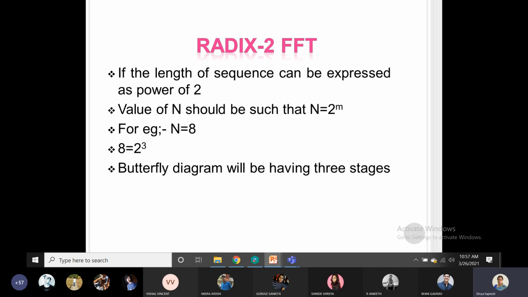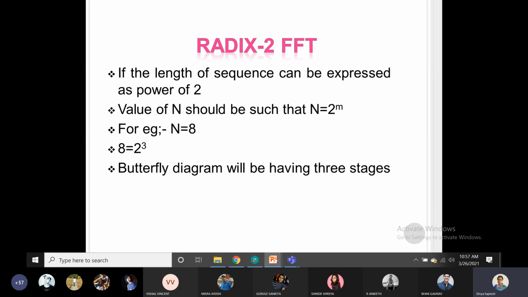Now let us see the radix 2 FFT. That means if the length of the sequence can be expressed as a power of 2, such kind of FFT is known as the radix 2 FFT. So the value of N should be such that I am able to write N in terms of a power of 2.